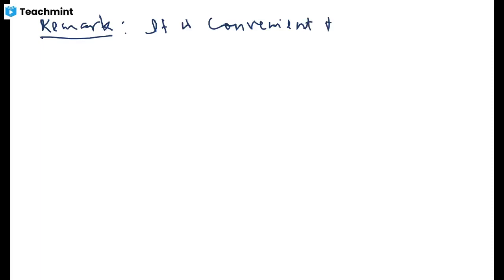But we are going to make some changes in writing. It has to be remembered as a remark that it is convenient to write each pj as 1 plus aj.